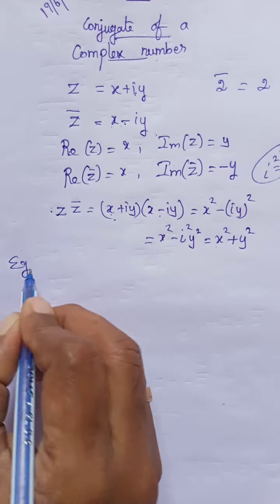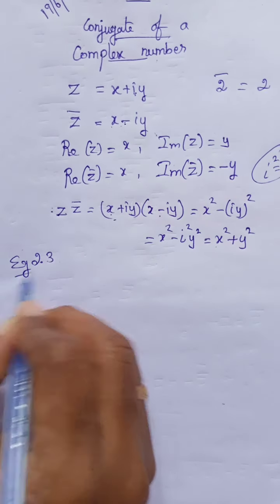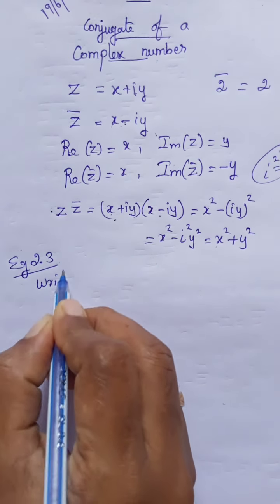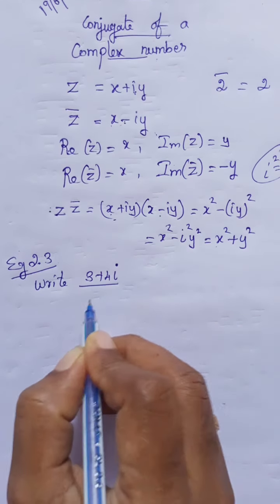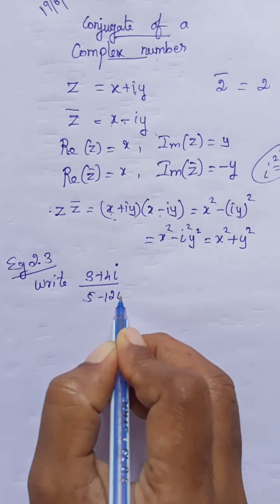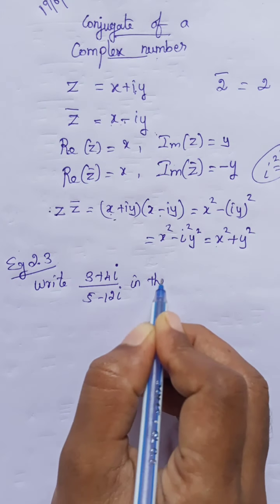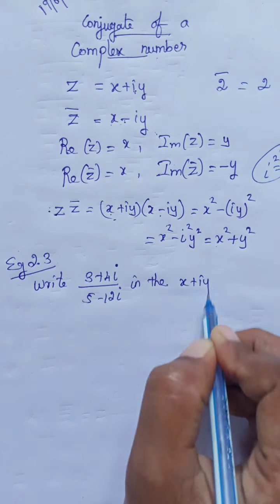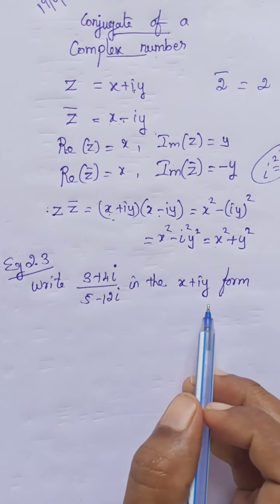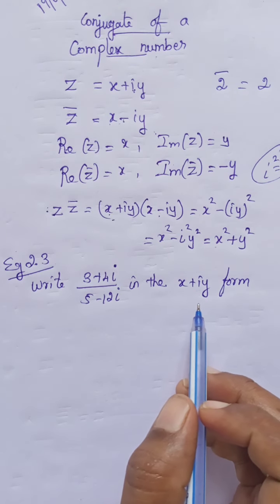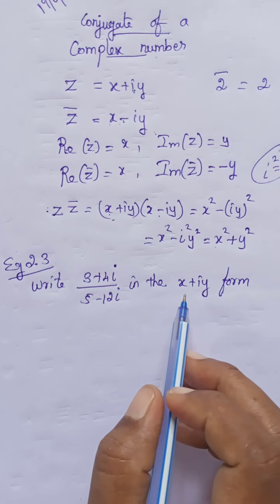See, example 2.3. Write 3 plus 4i by 5 minus 12i in the x plus iy form. Either they can give in the x plus iy form or in rectangular form. Rectangular form means also the same thing.